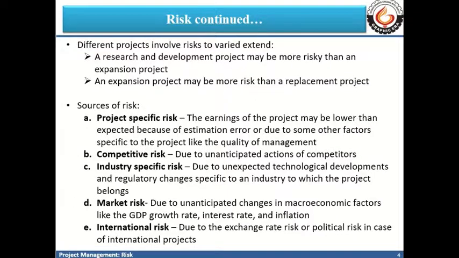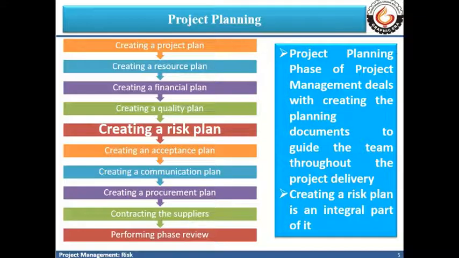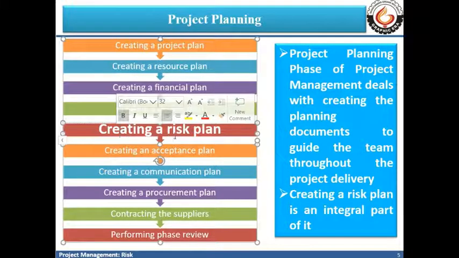Now if we see the project planning phase, it consists of several steps, 10 steps in particular. And the project planning phase deals with creating planning documents to guide the project management team throughout the project delivery. And as we can see in it, the creation of a risk plan is an integral part of the project planning phase.